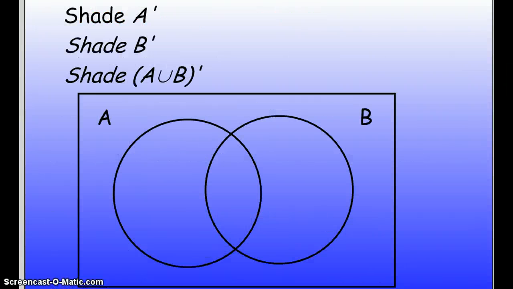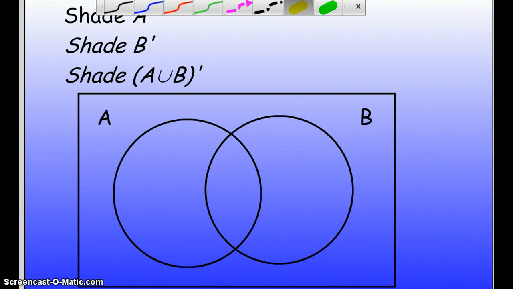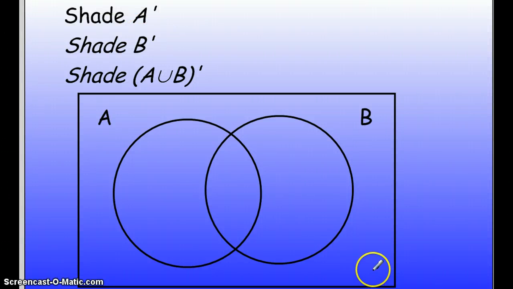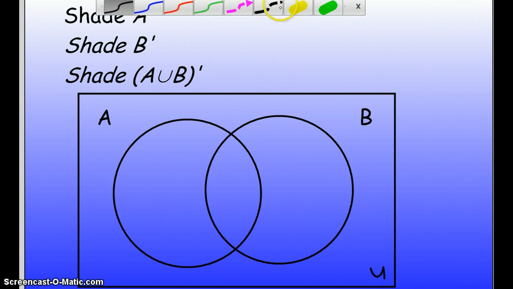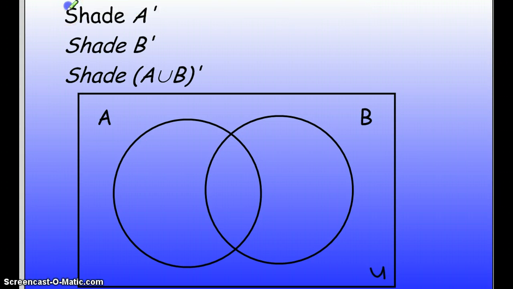Okay? As far as shading it goes, we're only going to shade one of these examples, but draw your Venn diagram in that box again. Here's the universal set. So if I'm going to shade, we're going to do this one. Shade the complement of A. That means I want everything not in A. So let me just find A first.